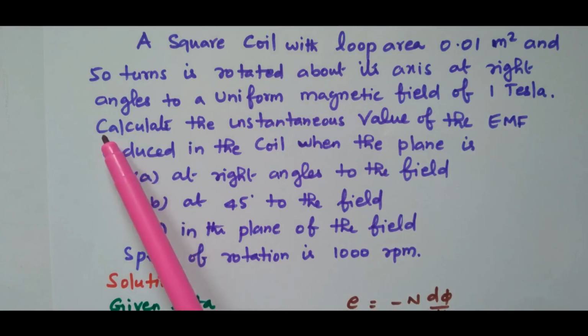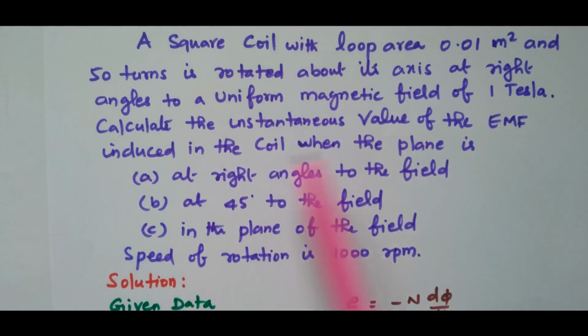We need to calculate the instantaneous value of EMF induced in the coil for 3 different conditions: at right angle to the field, at 45 degrees to the field, and in the plane of the field. The speed of rotation is given as 1000 rpm.